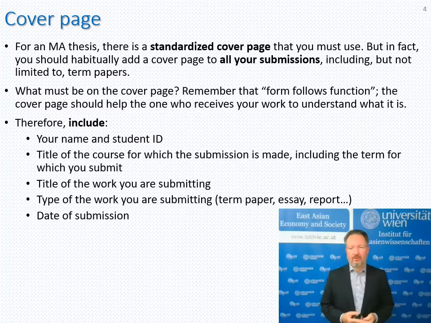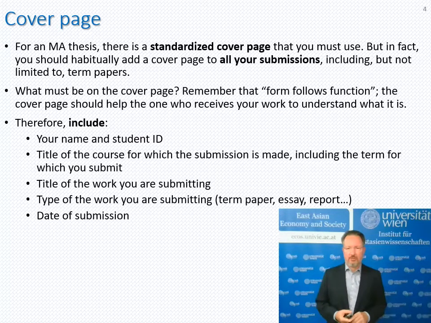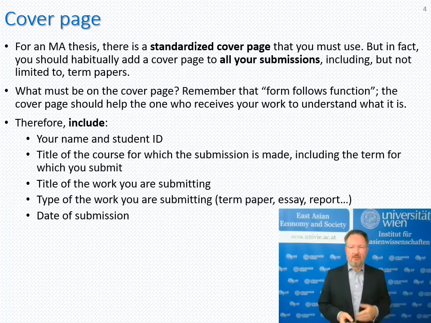And also don't forget to include the term for which you submit. Sometimes materials get mixed up, and we repeat the same courses in about an annual cycle, and we want to make sure that we understand you are participating in the winter term 2021 and not in the winter term 1920 or something. So add that also to your front page.